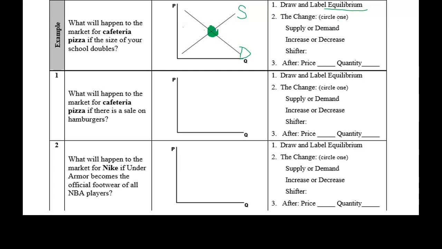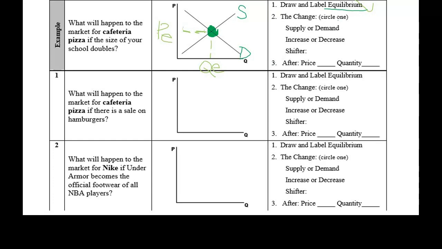That's a little better this time. And then you want to do the dotted lines. And then write PE for price equilibrium and QE for quantity equilibrium. Okay, so now you've done number 1 over here. You've drawn and labeled equilibrium.